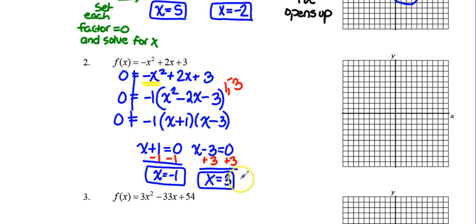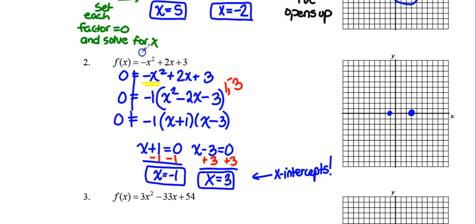Now that we have our two values, these are our x-intercepts. So let's plot them. Negative 1 and 3. Now I need to determine, will this graph open up or down? What do you think? What is A?